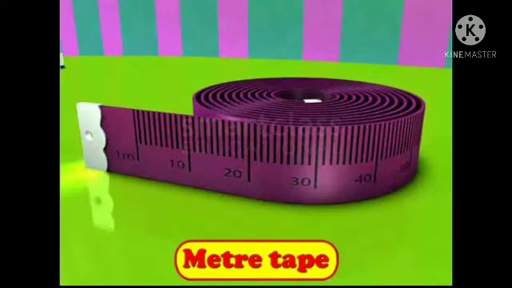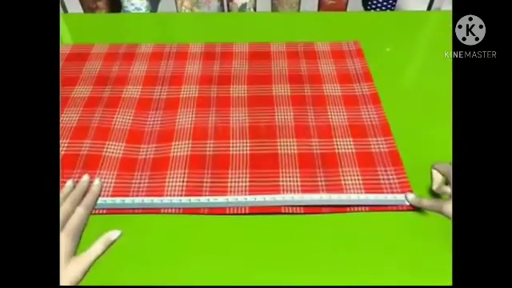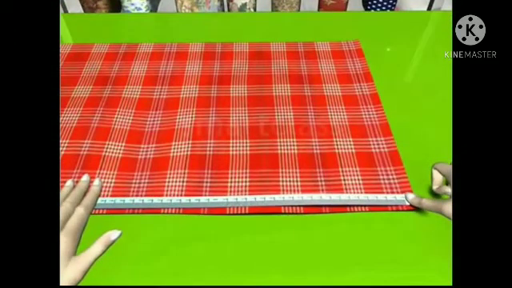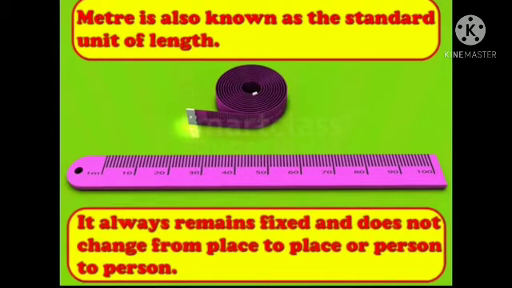Meter is used to measure long lengths like the length of a room, distance between two cities, and length of a piece of cloth. Meter is also known as the standard unit of length as it always remains fixed and does not change from place to place or person to person.